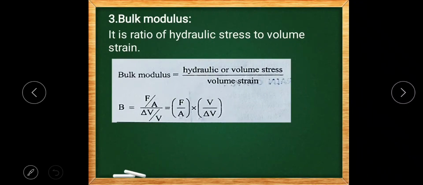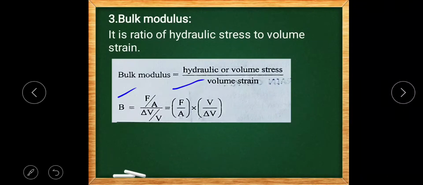Then the volume decreases, and delta V is the change in volume. So here the bulk modulus is denoted as capital B is equal to F by A divided by delta V by V. On simplification we will get this expression.